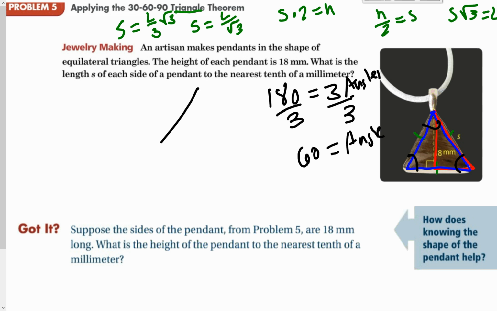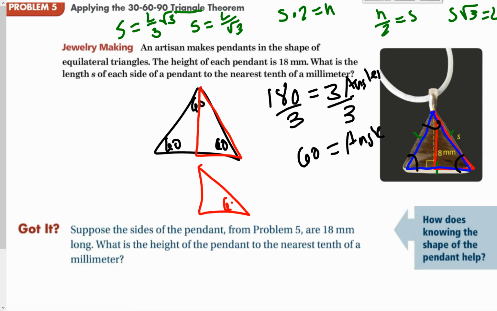So let me draw it over here. So this is 60, and this is 60. Well, if I have another triangle right here, and this is 60, and we see that it's perpendicular by that little symbol, it means 90, what must this one now be? What happened to just this small one right here, from here to here?